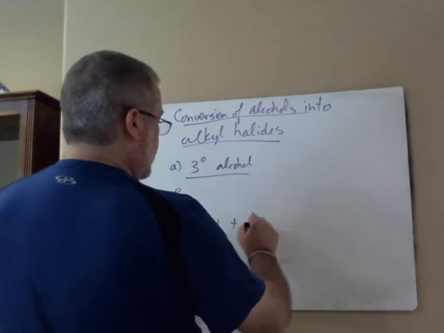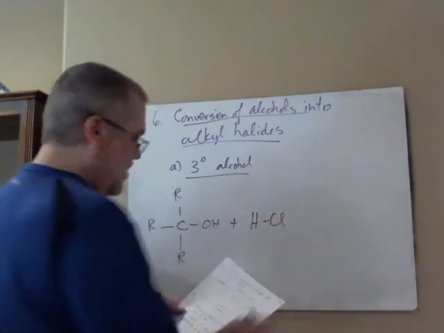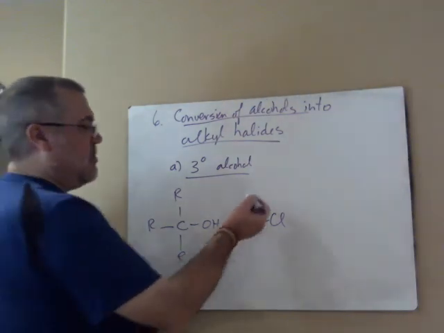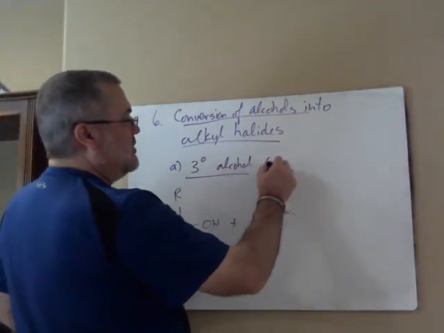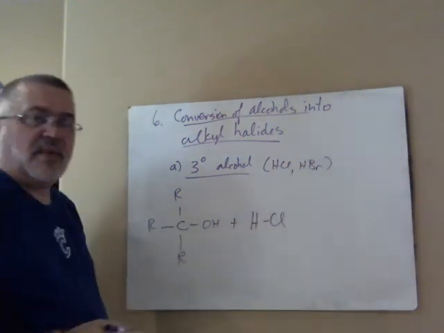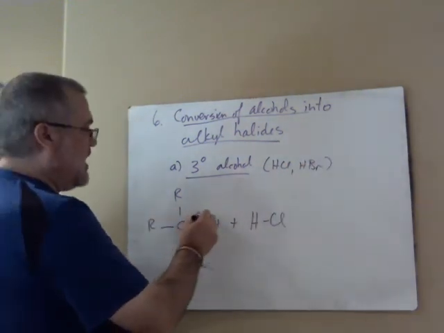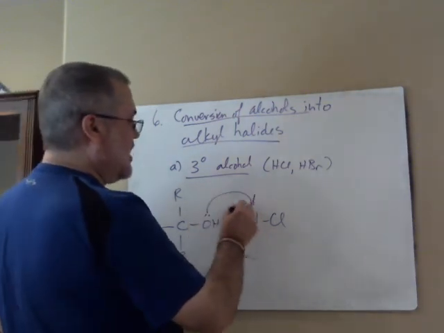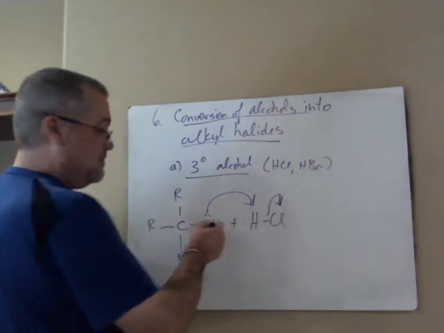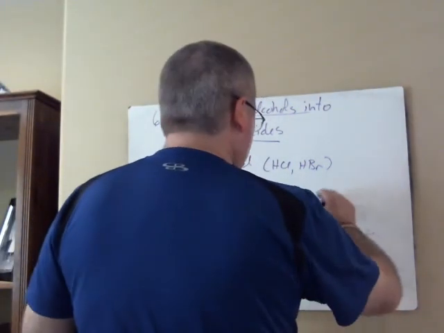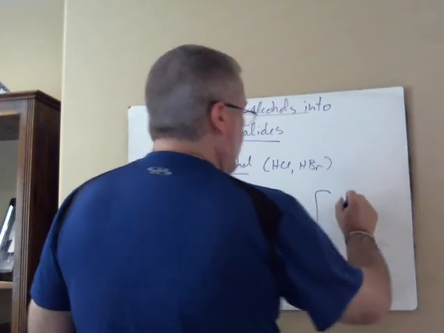You can treat it with a mineral acid like HCl, and as we normally would say, we can use HCl or HBr as my mineral acids here. And what's going to happen when you put an alcohol in the presence of an acid? We've seen this a zillion times, right? You protonate the OH group. And so when you do that, you're going to form this intermediate.